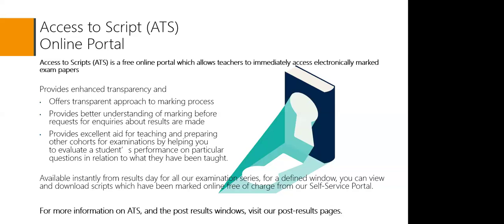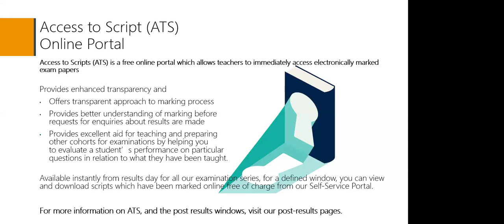Access to Scripts is another self-service online free and instant resource available from results day onwards. It allows you to see all your students' marked papers. It's available for all qualifications and is accessed through Edexcel online.